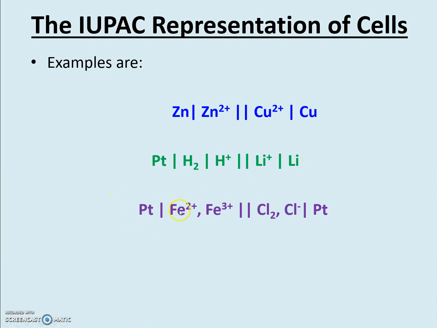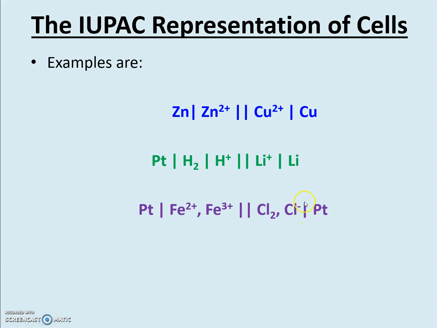Alternatively, if you've got an electrode potential being set up between two sets of aqueous ions, then you separate those aqueous ions with a comma, and then you show the platinum electrode here. Chlorine can sometimes be given in questions as either a gas or in the aqueous state.